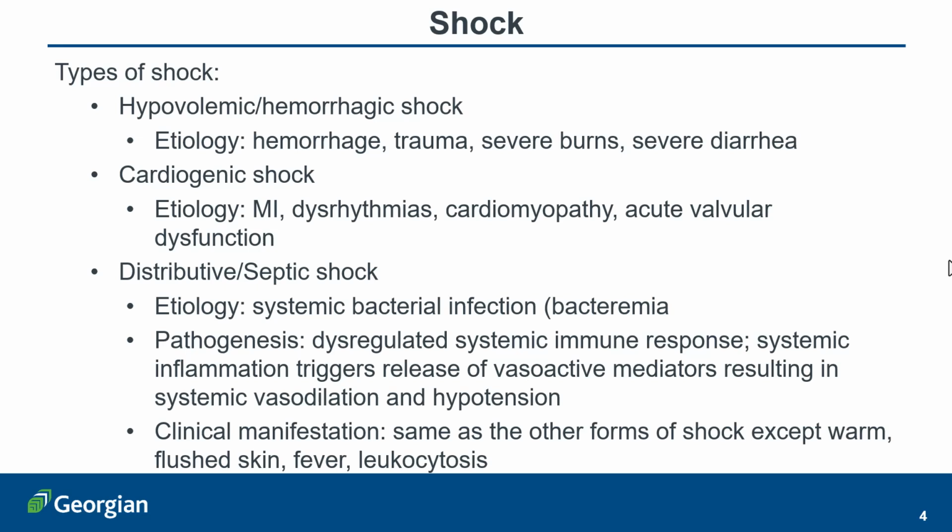Severe burns do not result in actual hemorrhage, but you do have a decrease in circulating blood volume, because in severe burns there is a massive inflammatory response resulting in a lot of fluid exudation, and ultimately fluid is pushed out of the cardiovascular system into the so-called third spaces, the interstitial spaces.